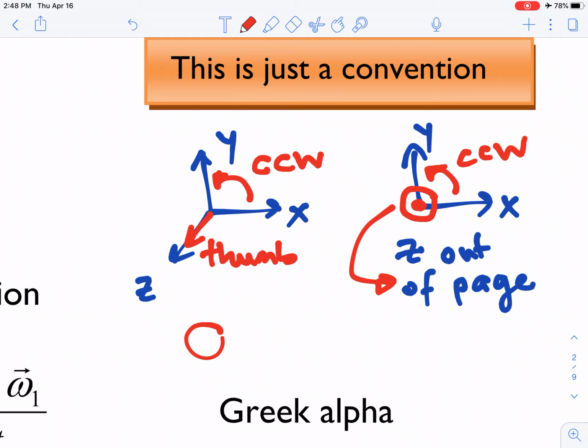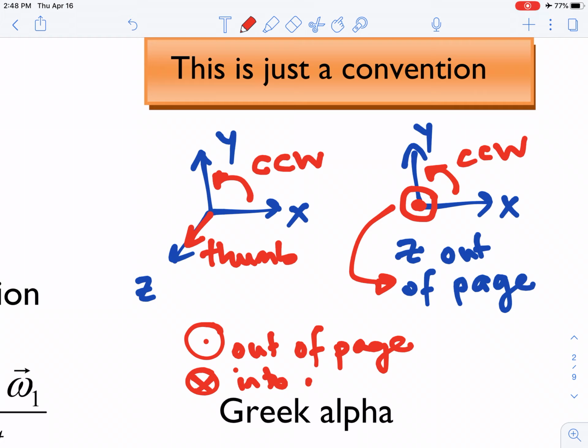So if you see this, it means out of page. And if you see a cross, that is into the page. These are going to be important details. Again, don't memorize this. There's an easy way to think about this.